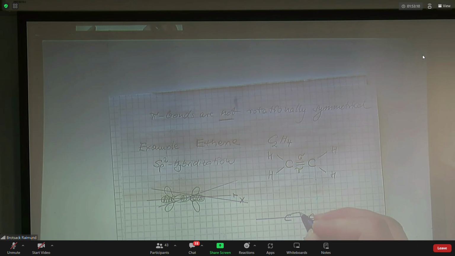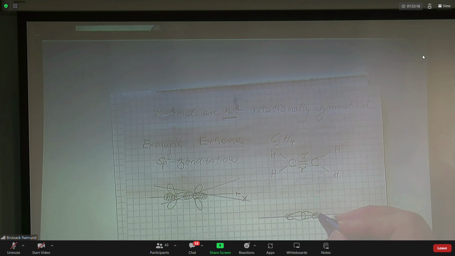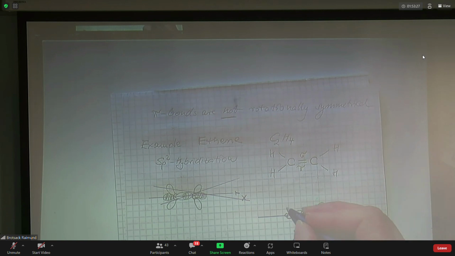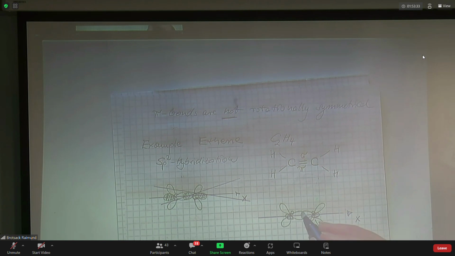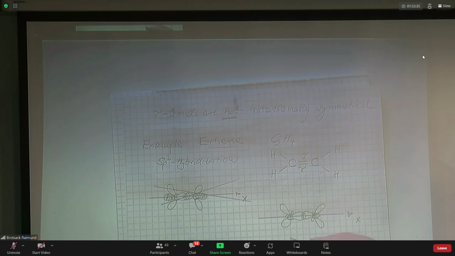So we have the sp2 type, and they are looking more like that, not the big one in the other direction, and here, and here, and here, and here. So here, this is our sp2 hybrid orbitals.